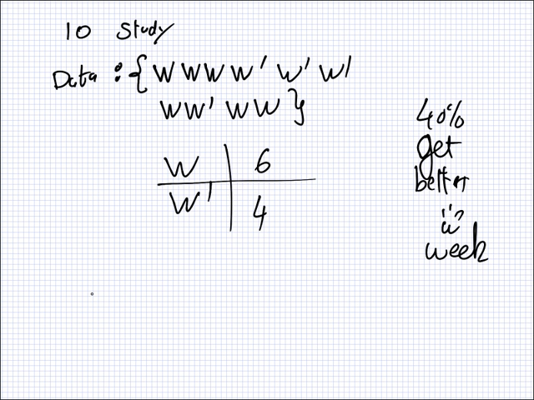So, before I tell you, I want to give you a minute to state the hypothesis and the alternative hypothesis. Now you need to imagine that you're the person doing the research.